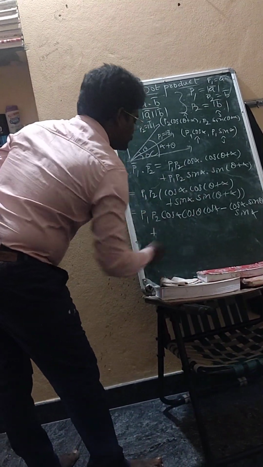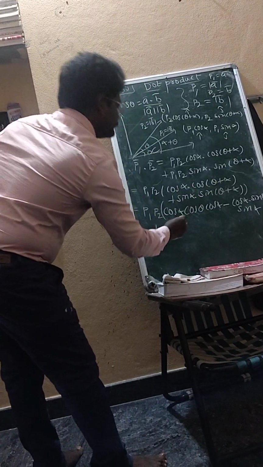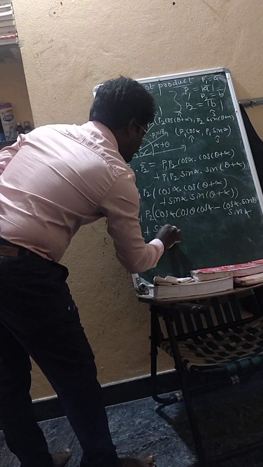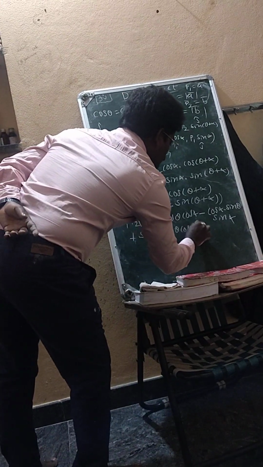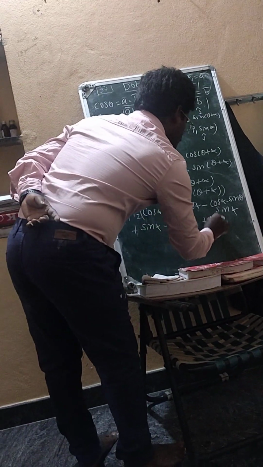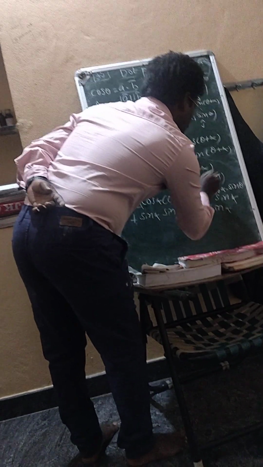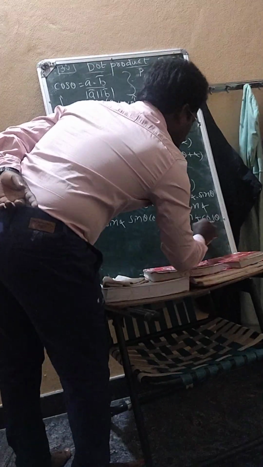Okay. The second one, sin alpha, sin of A plus B, is sin A cos B plus cos A sin B.